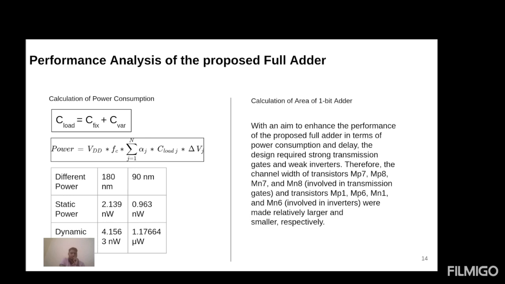In the two different process technologies, 180 nanometer and 90 nanometer, the static power this circuit gets is 2.139 nanowatt in 180 nanometer technology, and 0.960 nanowatt in 90 nanometer technology.